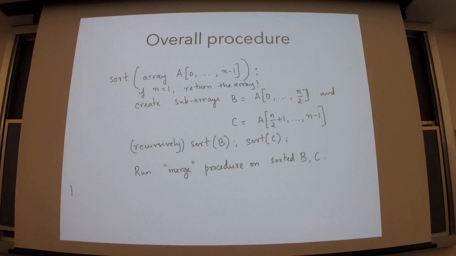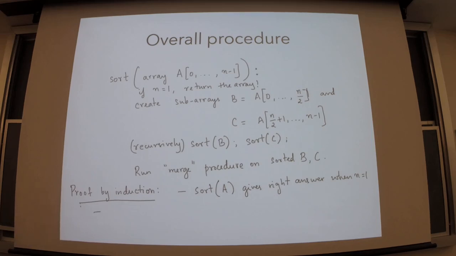So proof by induction would basically say the following. It would say that sort of A returns the right answer when n is 1. So this is the base case.